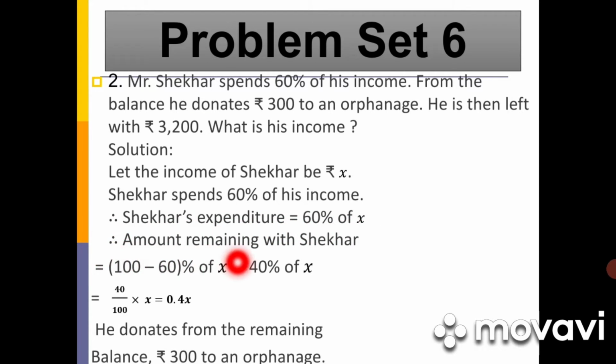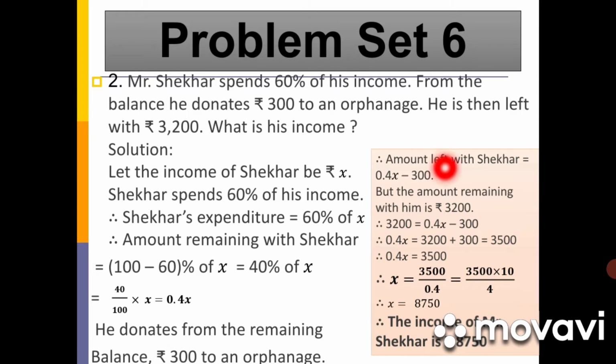Therefore, the amount remaining with Shekhar is equal to 100 minus 60% of X, and that is equal to 40% of X. That is equal to 40 upon 100 into X, and that is equal to 0.4 into X. He donates rupees 300 from the remaining balance to an orphanage.